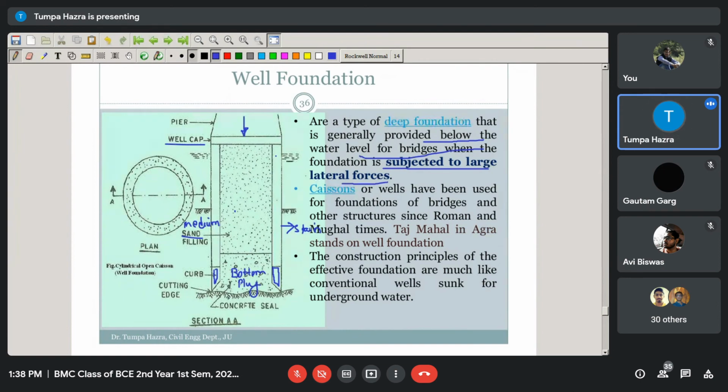And above the flood level you have to construct the well cap. So now the whole structure is sealed. Then you will construct the pier, above the pier the pier cap, and above the pier cap the original superstructure of the bridge.